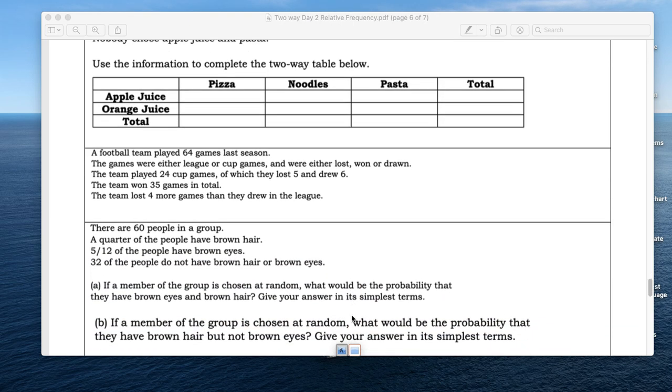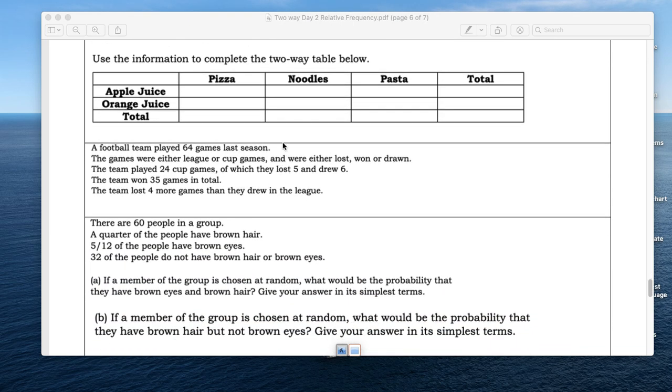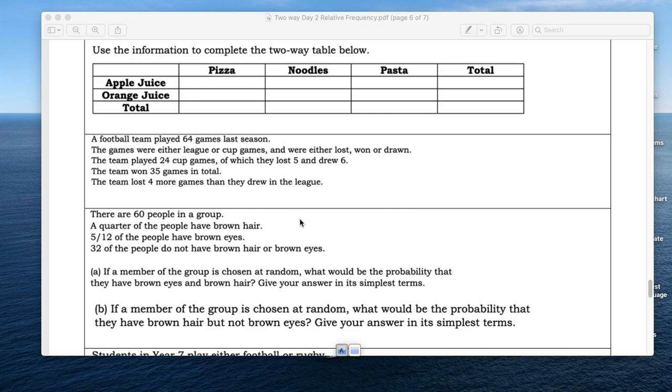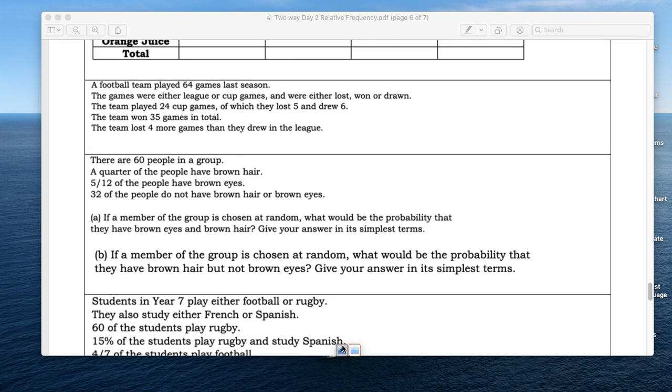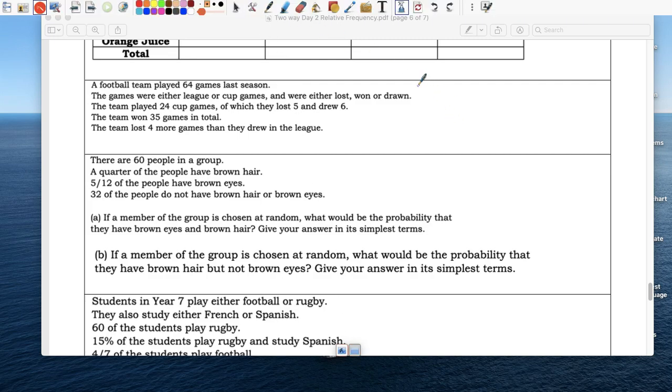So the next two questions are pretty interesting. The next three. Yeah, the next three questions. So, from what I remember, let me create a table. Yeah, league cup games.